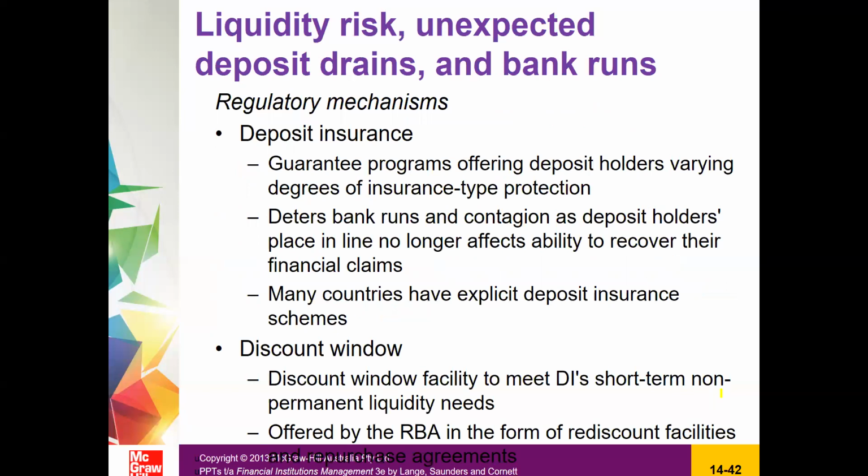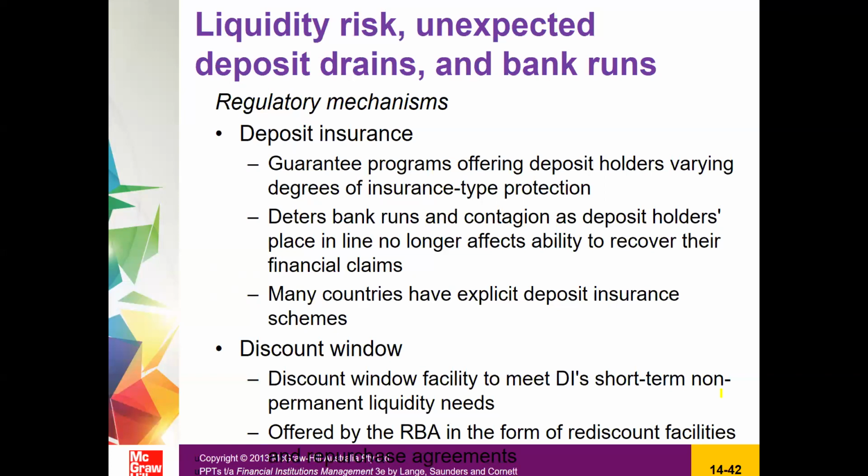Regulators have recognized the inherent instability of the banking system due to the all or nothing payoff feature of the deposit contracts. As a result, regulatory mechanisms are in place to ease depository institutions' liquidity problems and to deter bank runs and panics.